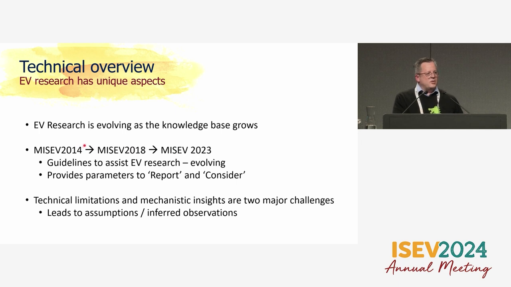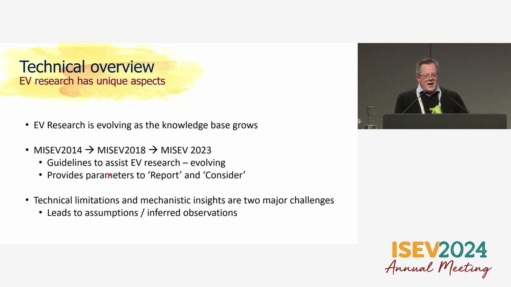And it's really important to remember that things like MISEV are guidelines. They're not rules, they're not absolutes, they're guidelines. They're there to help guide doing good, rigorous, reproducible experiments. And these guidelines evolve with time. So if you compare MISEV 2023 with MISEV 2014, you can see as we've got more knowledge, we've evolved those guidelines.